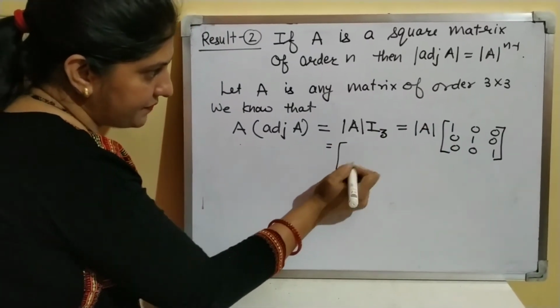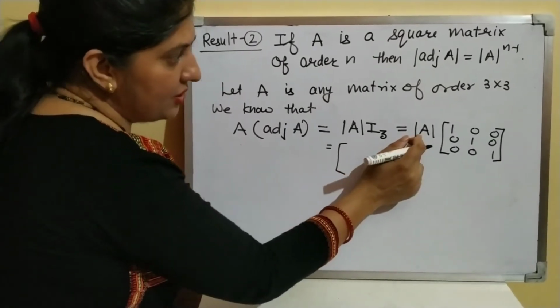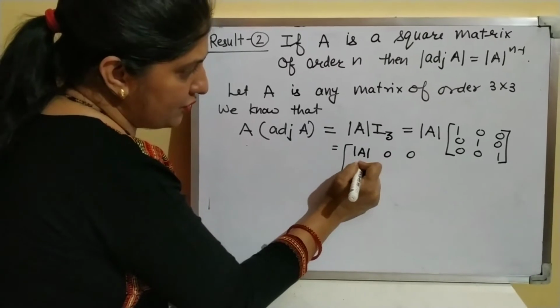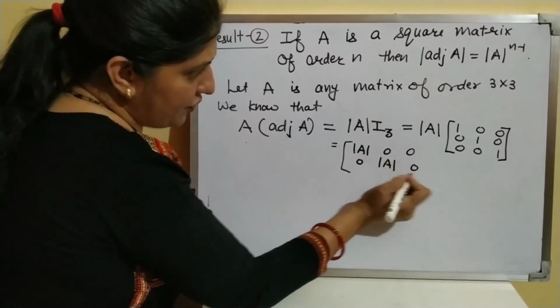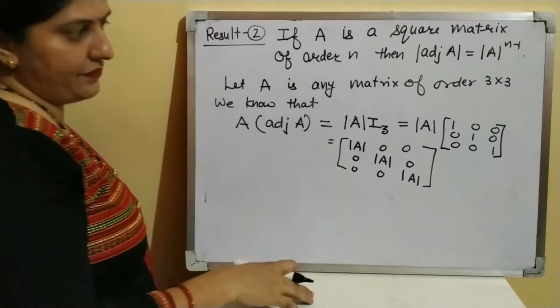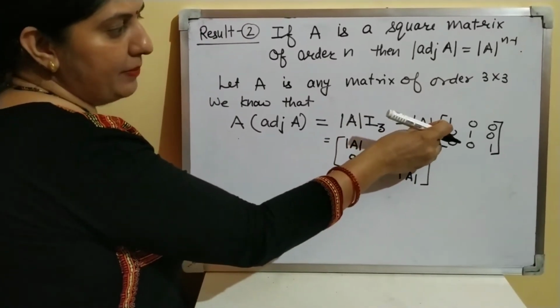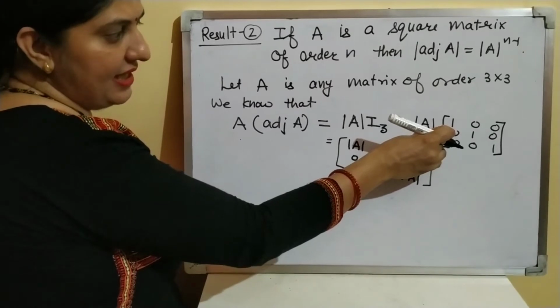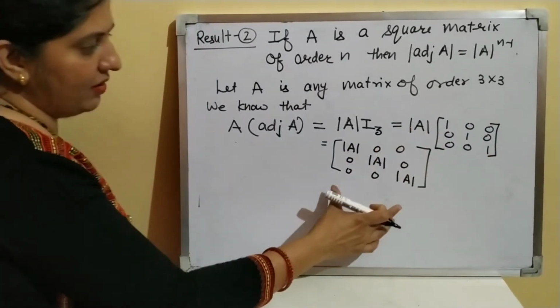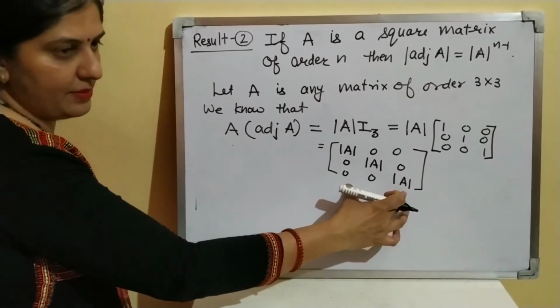We get a new matrix: determinant of A into 1, determinant of A, 0, 0, 0, determinant of A, 0, 0, 0, determinant of A. We multiply this single number, which is the determinant of matrix A, with the given identity matrix. We get a new matrix of this type.